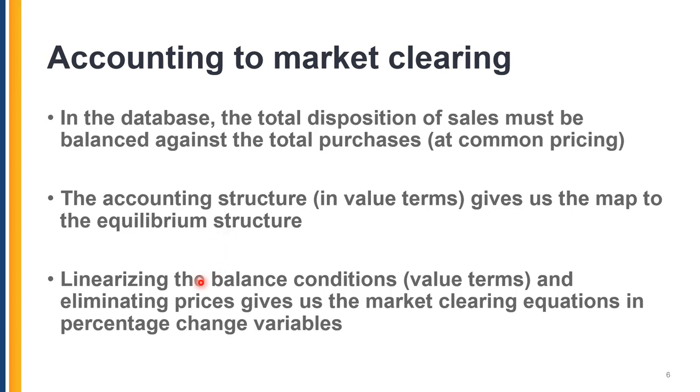And so really what we're doing is we're going to be linearizing the balance conditions. So we'll start with the value terms, eliminate the prices because they're common, let that give us the level of market clearing equations, and then we'll make it into percentage change. So that'll be our next look in on the slideshow here.